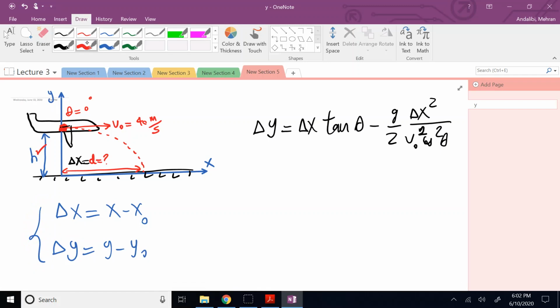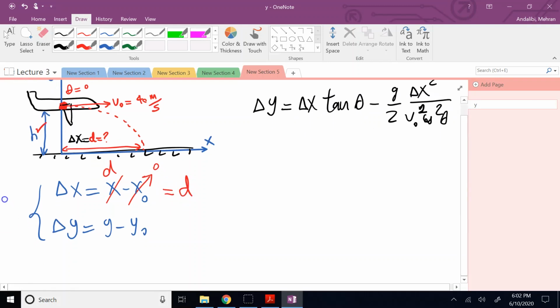What is delta x? It's final x, which is d units away from the origin, minus initial x. You release it from the y-axis, so initial x is what? 0. So you see your delta x is equal to d. What about delta y? What is your final y? Final y is here, where it hits the ground. It is clearly 0. But what is your initial y?